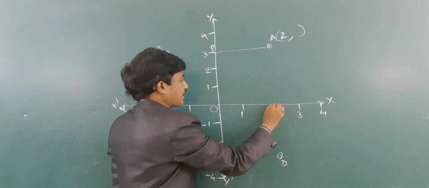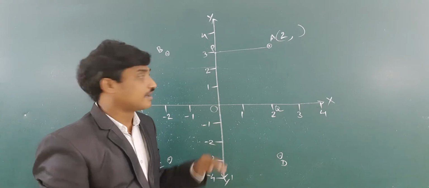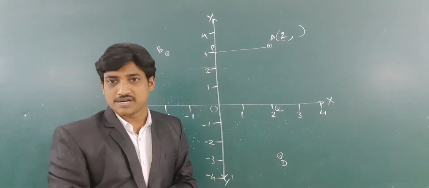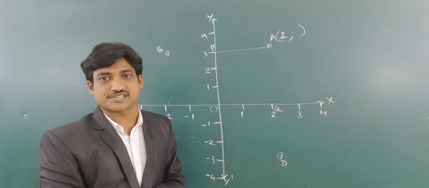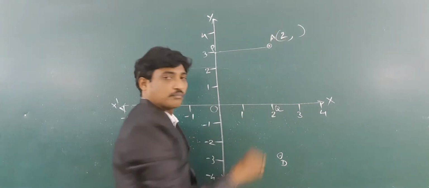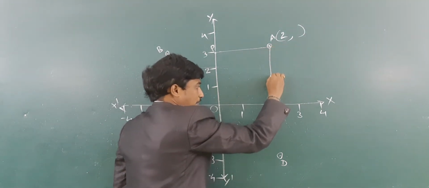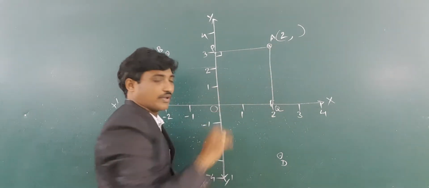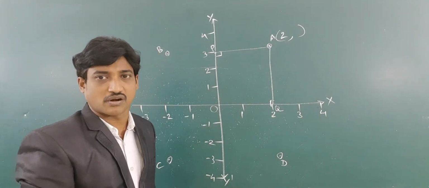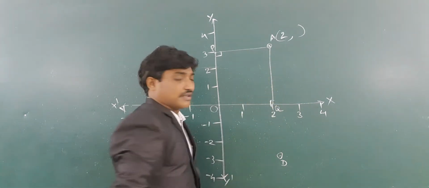Let me take this point as Q. OQ is 2 units, PA is also 2 units, and as PA is along positive x-axis OX, I took it as positive. Let me take AQ. The perpendicular distance from the given point to the x-axis is called the y coordinate, so AQ is the y coordinate.